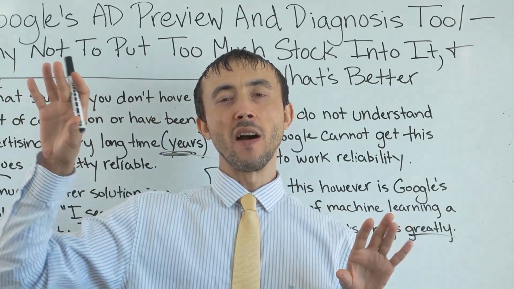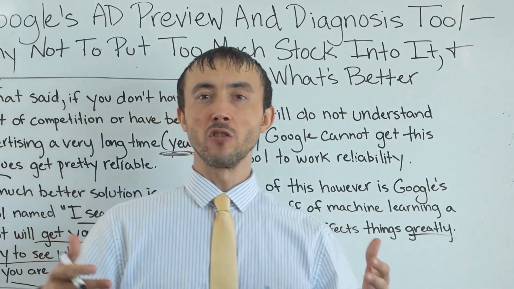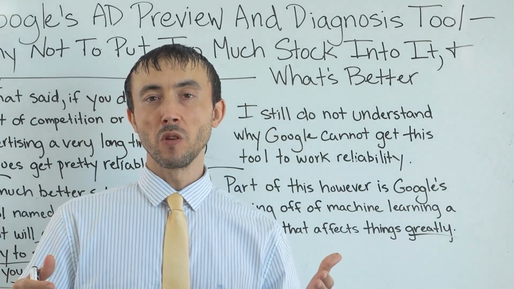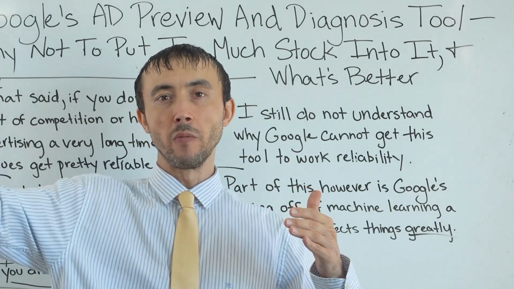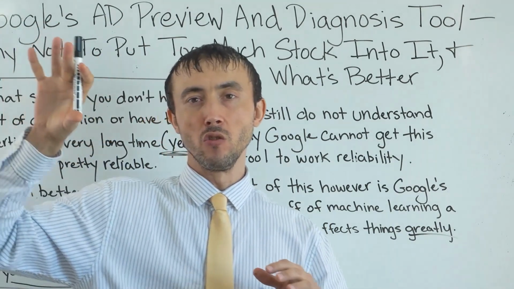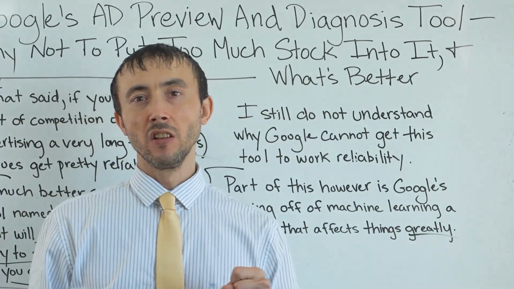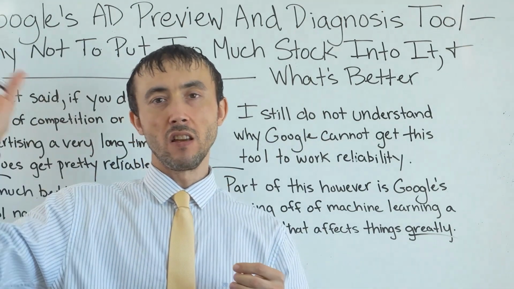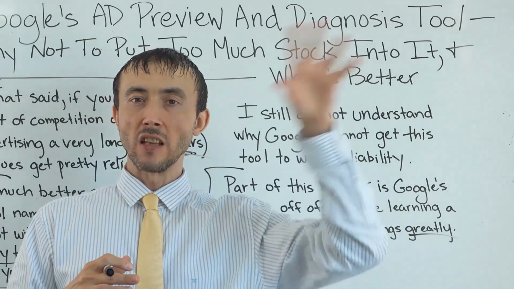So in other words, if the ad preview and diagnosis tool says you don't show up, there's like a 30% chance that you actually do show up on Google, or even greater, obviously, and it depends on your situation, mainly depending on how long you've been advertising, because if you've been advertising a while, you show up a higher percentage of the time because the system understands that you're a good advertiser and you should push the other ads out of the way in favor of your ad. So, naturally, the ad preview and diagnosis tool seems to be more accurate once it has more data about you.